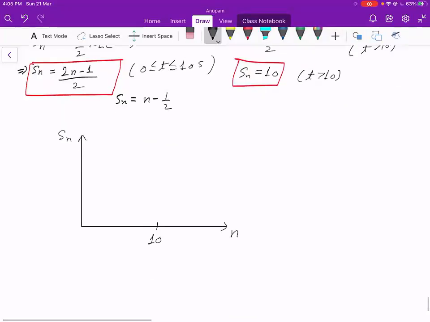That's also one way to look at it, right? N minus half. So for n, I can do 1, 2, 3, 4. Let me draw this longer. 5, 6, 7, 8, 9, 10. 11 and beyond, that we'll see later after 10.